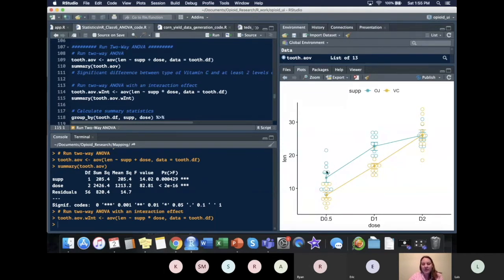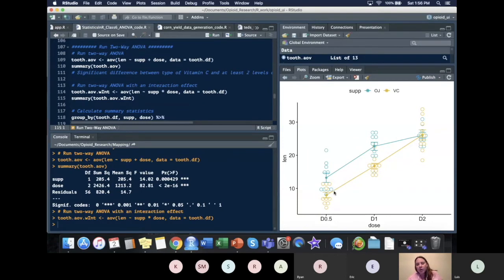So an interaction effect, if we're looking at it with a main effect at one variable at a time, all that tells us is that the dose 0.5 is different than dose 1, and so on and so forth. However, when we look at the interaction, it uses both of these variables together. So it includes the interaction between these two.